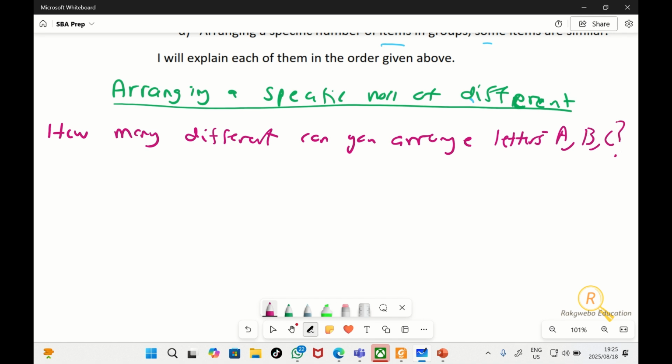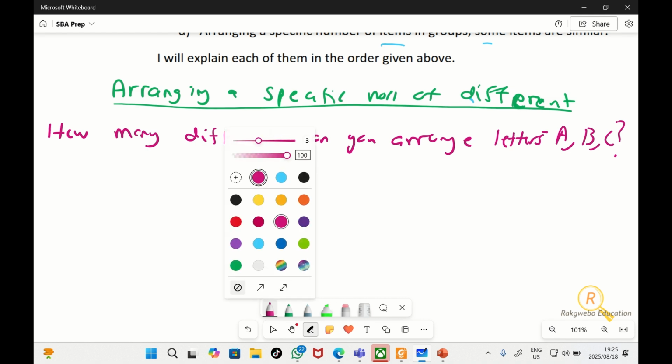In other words, how many 3-letter words can you create out of A, B, C? So how many different words can you create out of this, or how many different combinations?